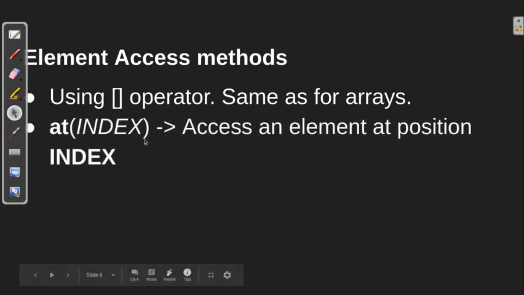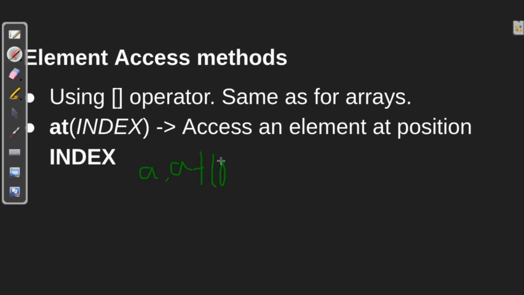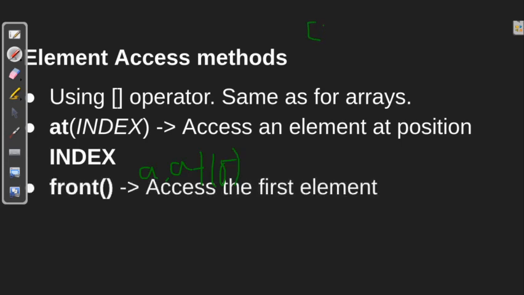and after that we have the at index. It's a method of the vector, and similar to the previous thing, just you need to call the method. Like we have a dot at 0, 1 and 2. So now it will return the 1.